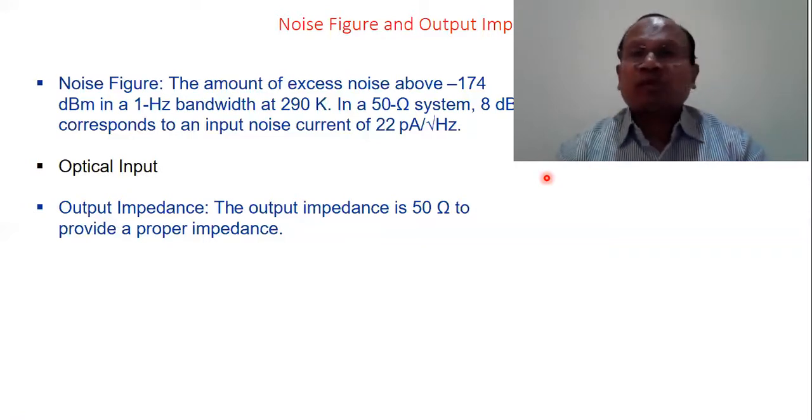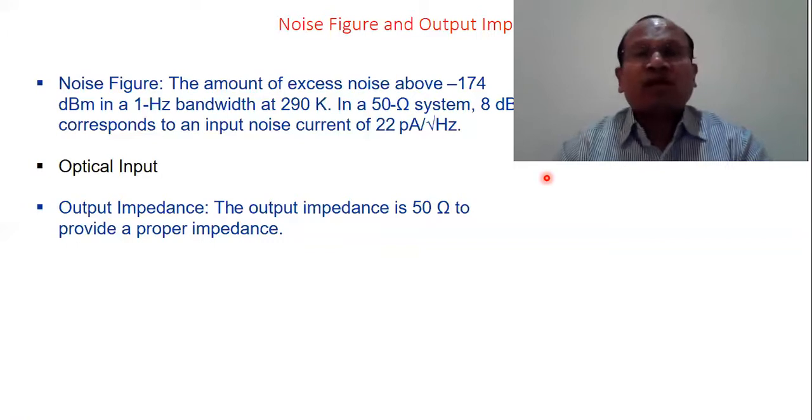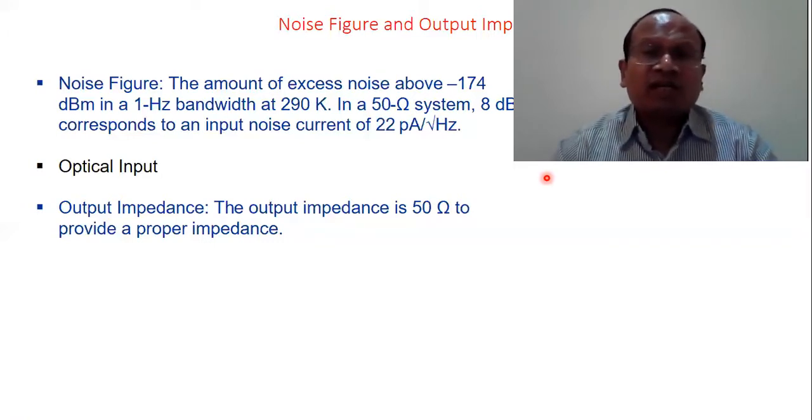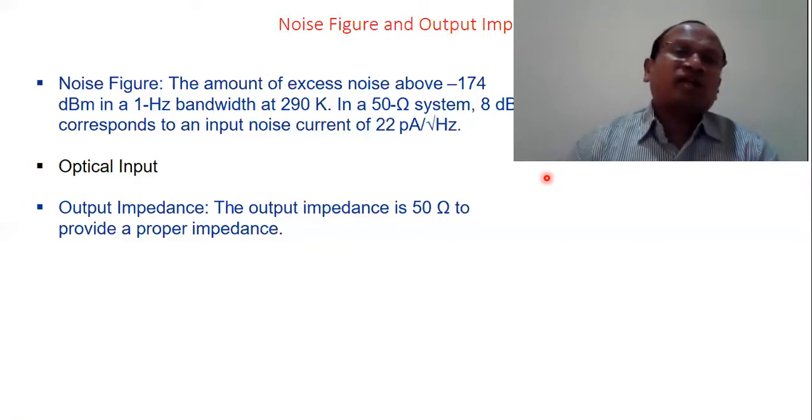And of course, output impedance is another important factor to verify whether the impedance matching condition is there or not. A minimum input and output impedance requirement applies in all transmission lines and in optical detectors when it comes to connecting them in practical applications.